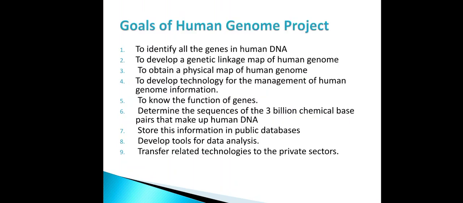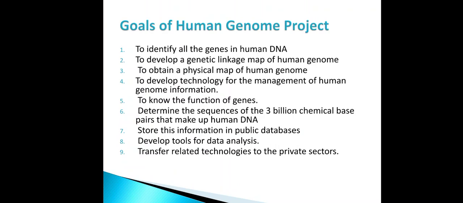So next one is the goals of the Human Genome Project. First is to identify all the genes in human DNA. Next is to develop a genetic linkage map of the human genome. Third is to obtain a physical map of the human genome, and to develop technology for the management of human genome information.